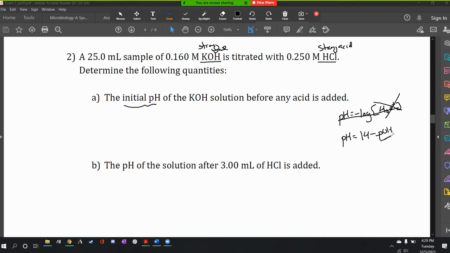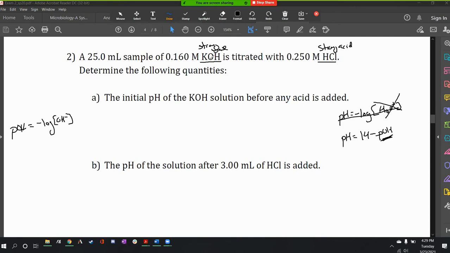So then what am I missing? Okay, I'm missing the pOH. I gotta find the pOH. Okay, well, what is pOH? pOH can be found similarly to pH, except it's the negative log of the concentration of hydroxide. So if I can find the concentration of hydroxide, I can eventually get to the pH.